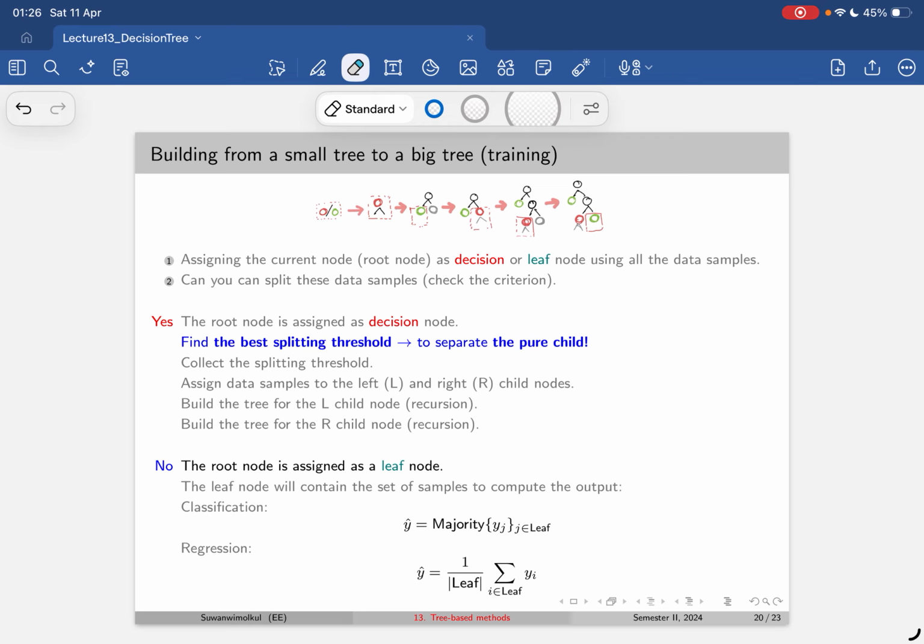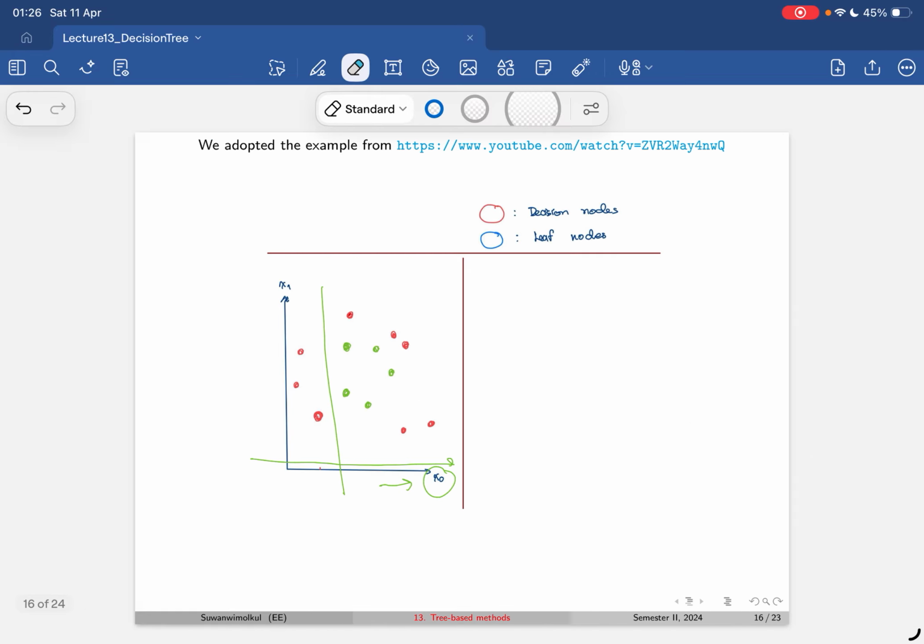at the first step, as you see the example, at first, we assign whether or not we want to check this out as a decision node or leaf node. Thing is, if it's a leaf node, right, it should contain only pure nodes.